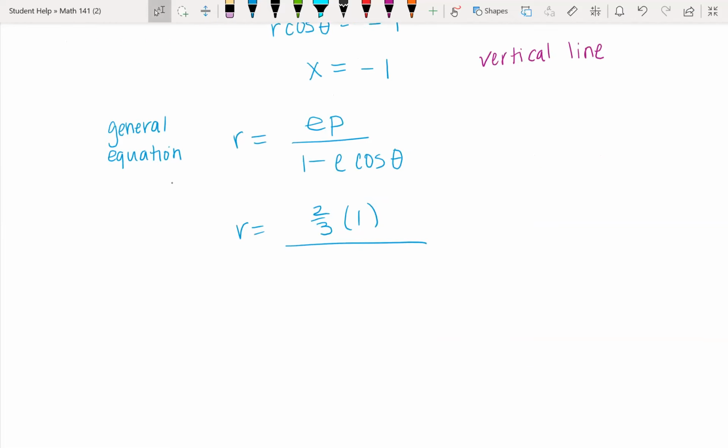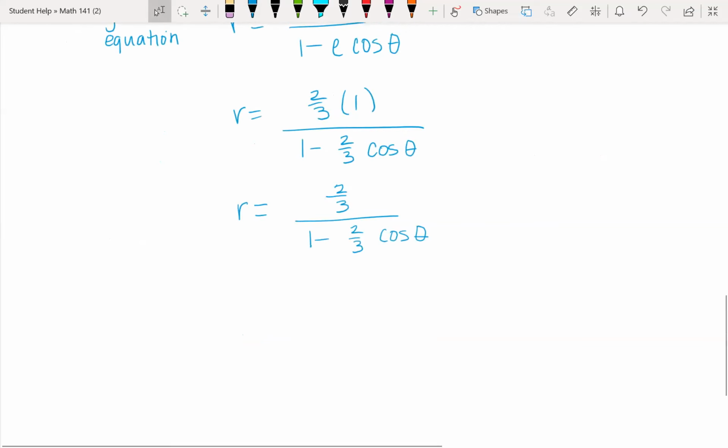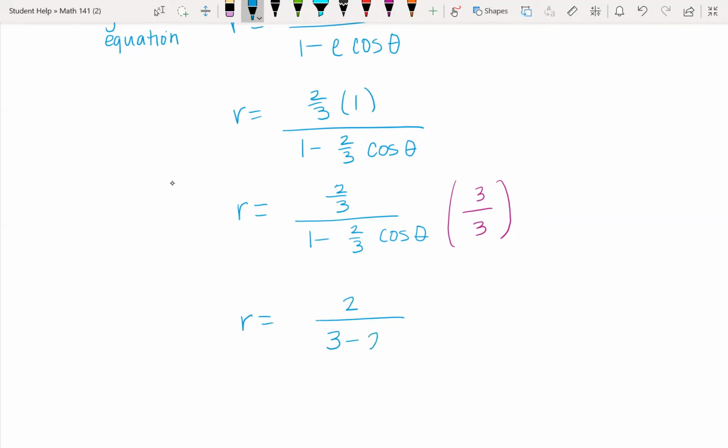And then we have 1 minus 2/3 cosine theta. So that is r equals 2/3 over 1 minus 2/3 cosine theta. I'm going to multiply everything by 3 to get rid of those fractions. Let's multiply by 3 over 3. So that gives us r equals 2 over 3 minus 2 cosine theta.